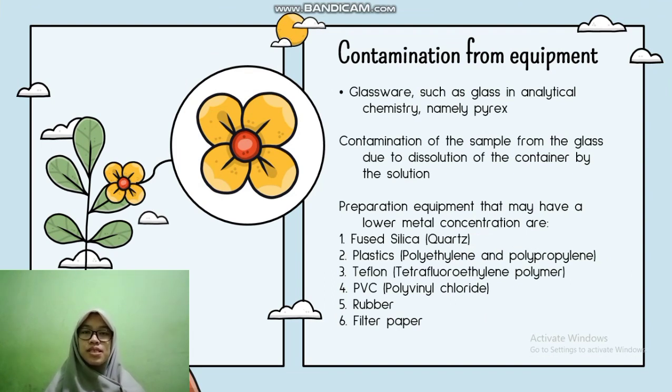Contamination from equipment. Glassware in analytical chemistry, namely Pyrex. Contamination of the sample from the glass is due to dissolution of the container by the solution. Preparation equipment that may have a lower metal concentration are: 1.